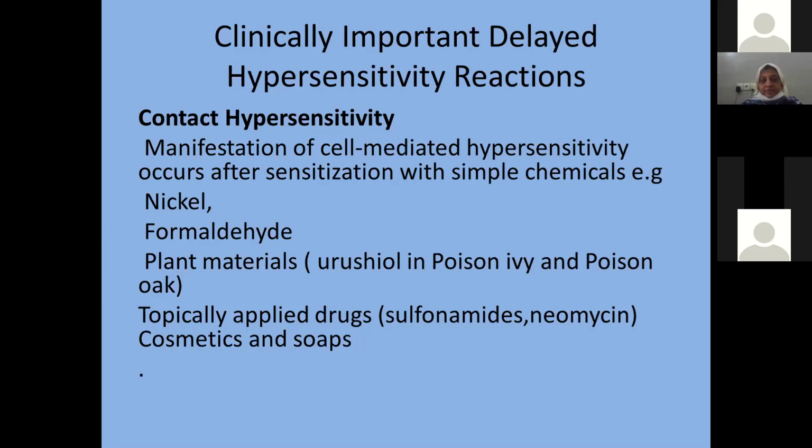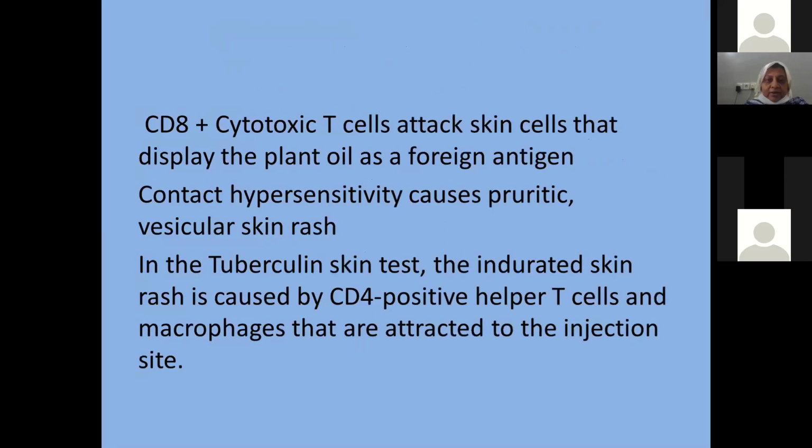Now what happens is that certain chemicals like nickel, formaldehyde, certain plant materials like poison ivy and poison oak, certain drugs that are applied topically like sulfonamides, neomycin, certain cosmetics and soaps, when they are applied to the skin, the antigens get absorbed in the skin and they become a part of the skin cells.